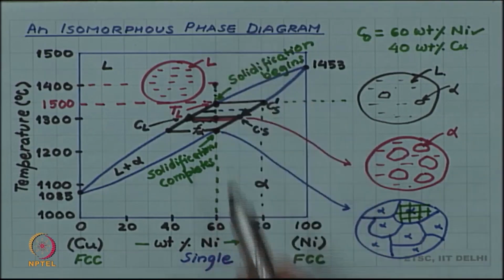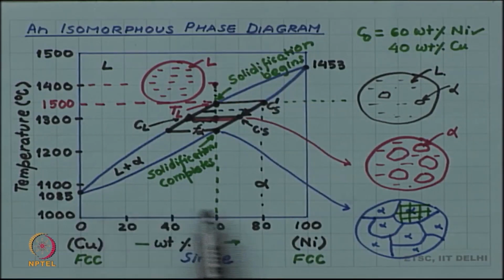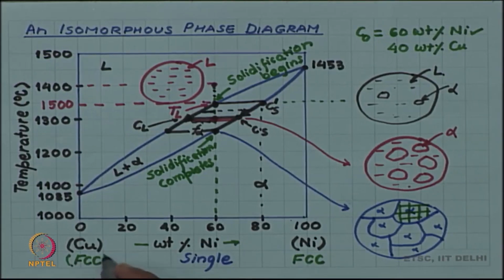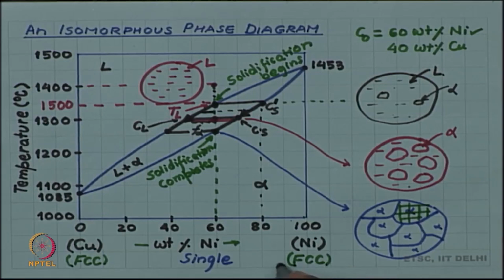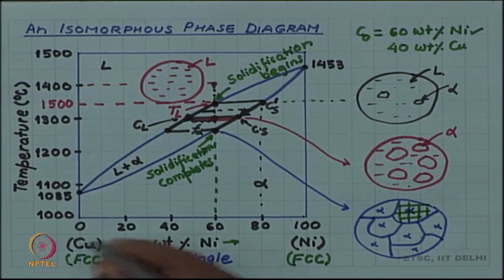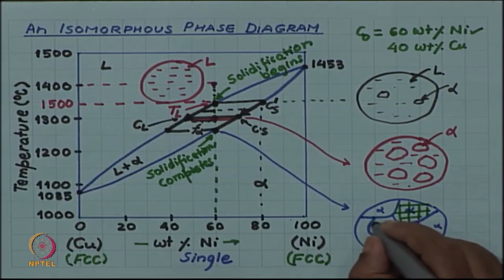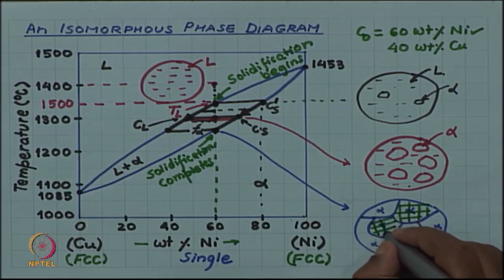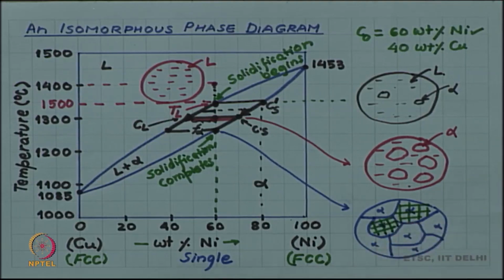Whenever you have an isomorphous system, you have a continuous solid solution from one end to the other end, and they are quite likely to be satisfying the Hume-Rothery rule. In particular, the structure factor rule, that the two end components should have the same crystal structure, has to be true. So, the single alpha phase has this FCC or cubic close packed structure, but the close packed structure has different orientations as you cross these grain boundaries.